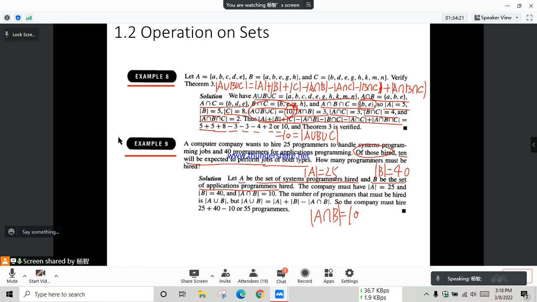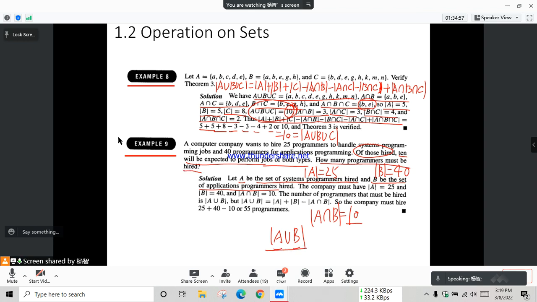And then we want to calculate how many programs must be held. This is the program for system. This is the program for application. And we also have 10 programs for both of these jobs. So how many programs must be held? We must calculate this.